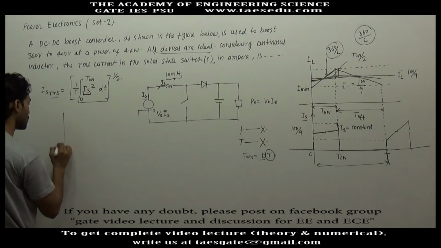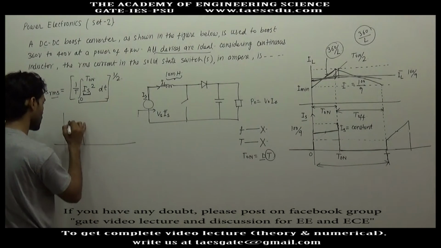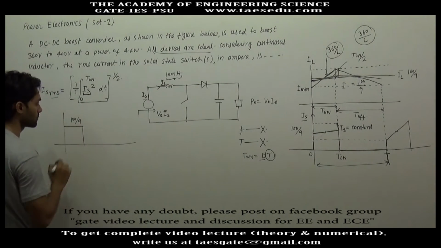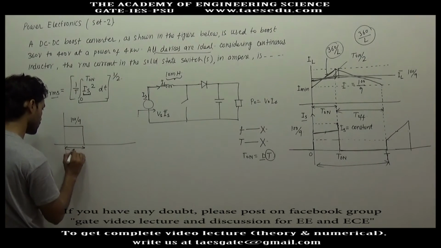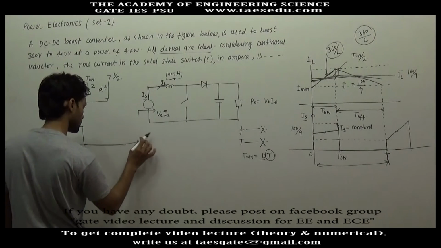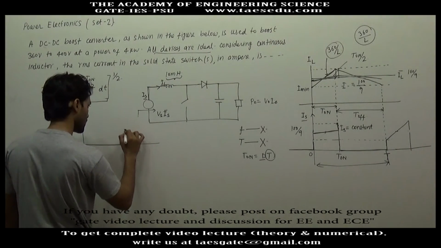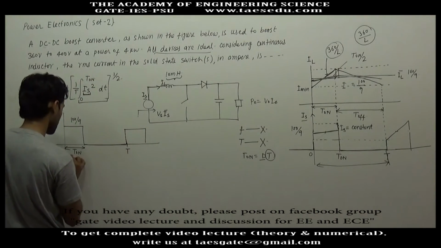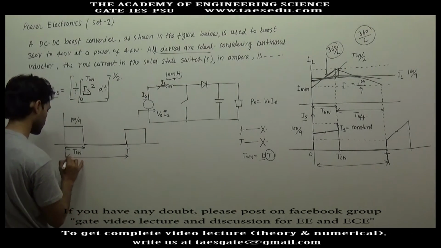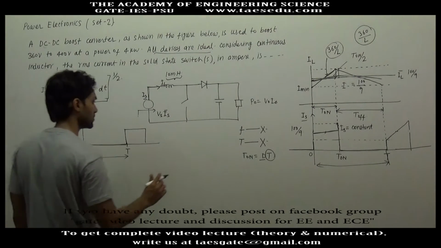So now we have the graph of switch current as 100 by 9 ampere for a duration of t on, and this will be periodic with time period T, where T is the total switching interval. Now we have to find the RMS current.